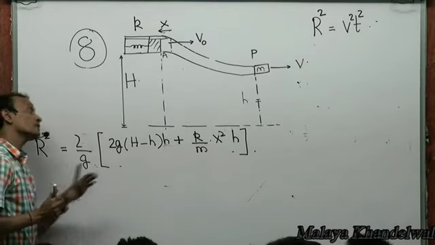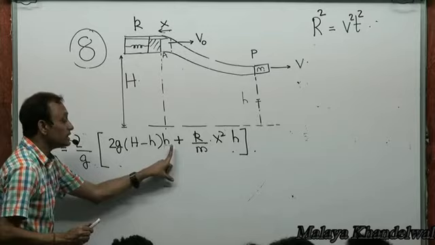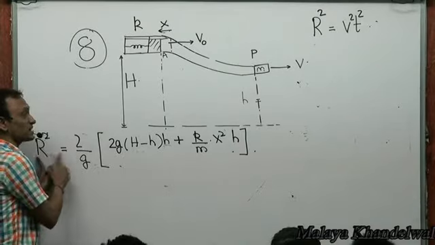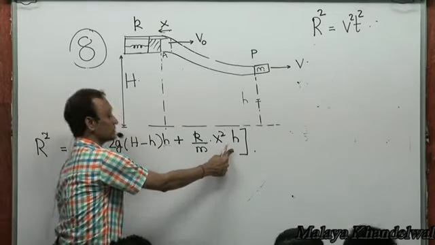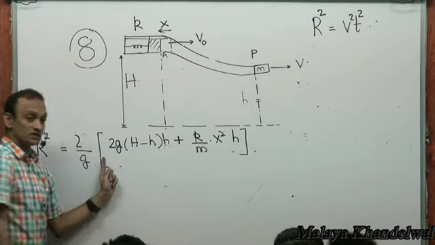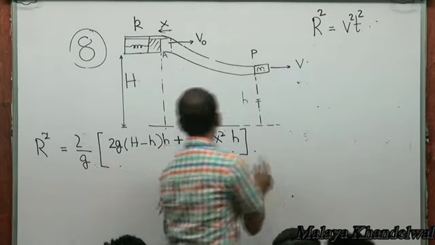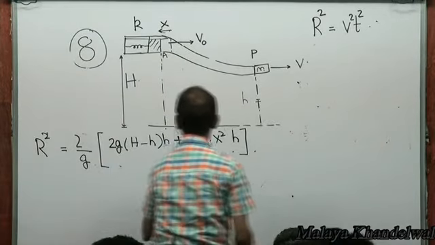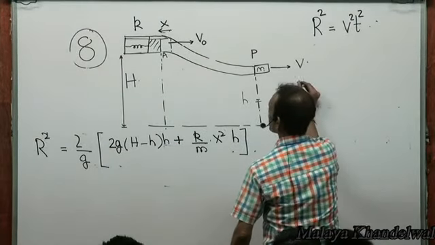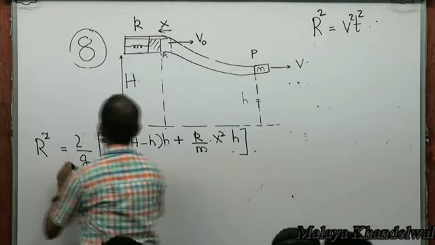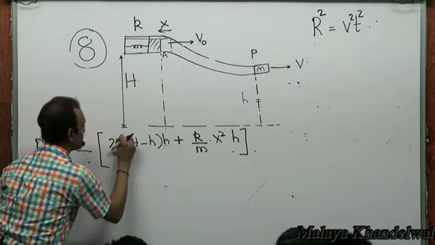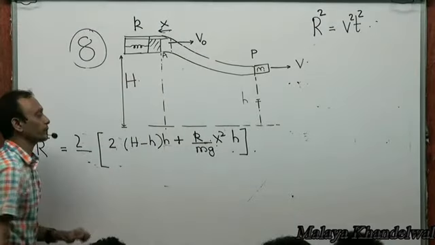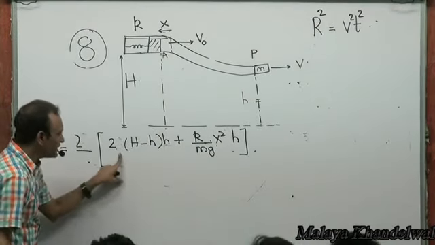Do you then take cognizance of the fact that in order to maximize r squared, I need to maximize this expression? Just look at this expression. Don't bother about the rest. I can simplify the algebra, I can divide this by mg, right? Clear?